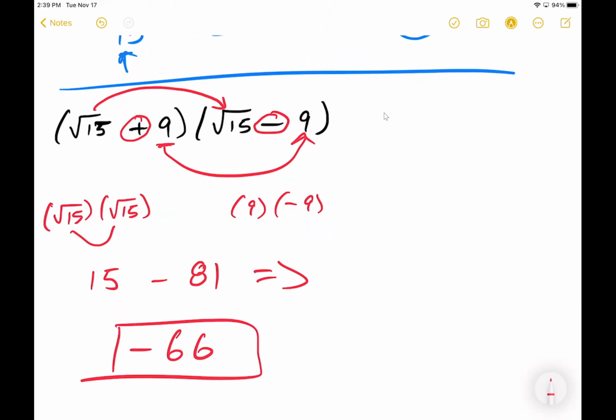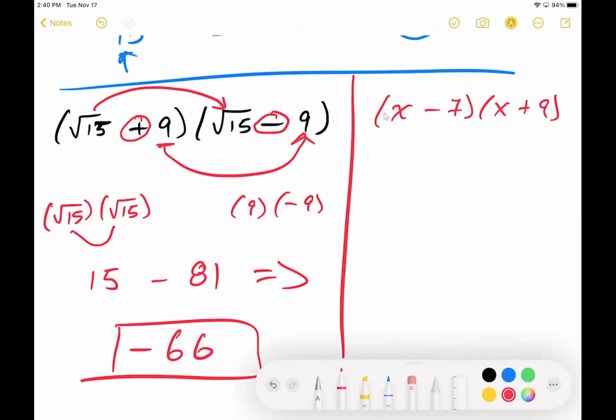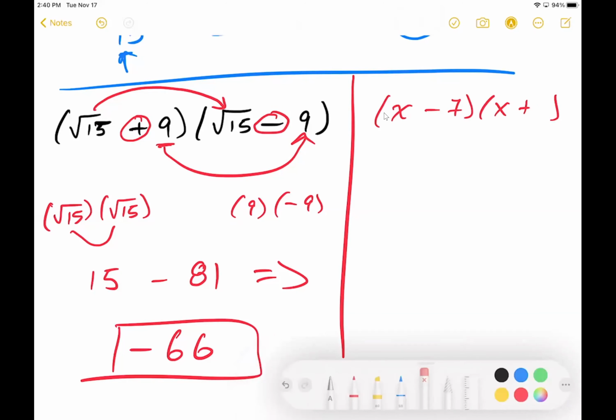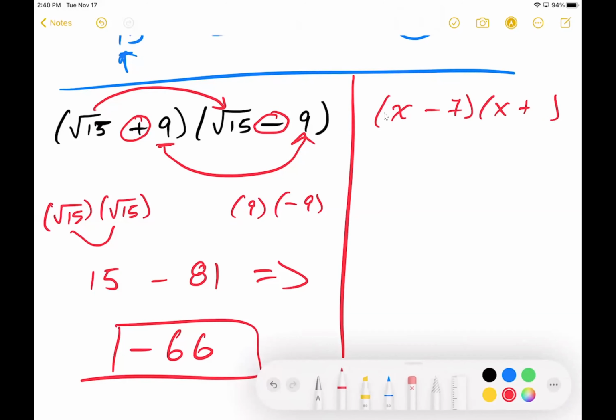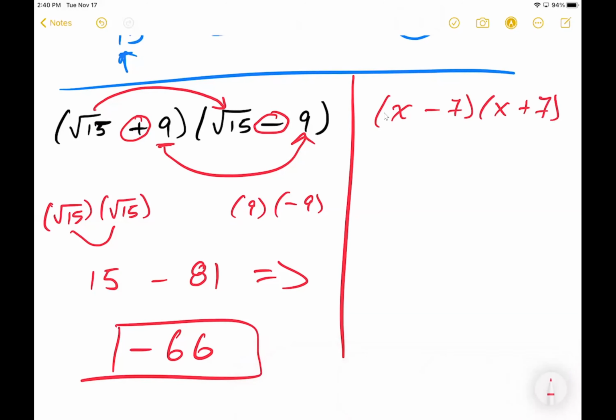Question with this item. And if you remember, this is what we had earlier, right? In chapter 5, we have this thing. One of them is positive, x minus 7. The other one is x plus 7.